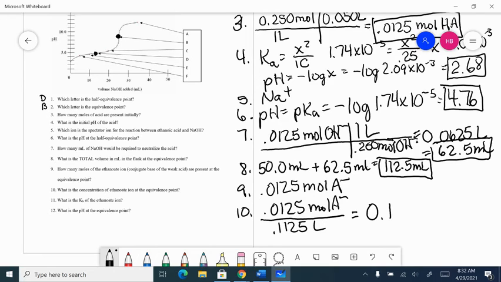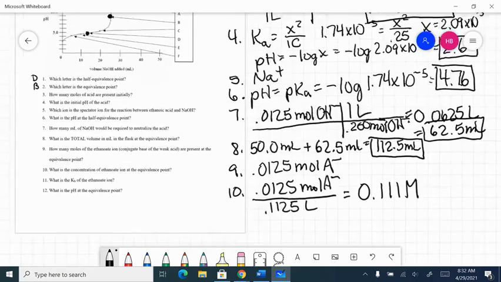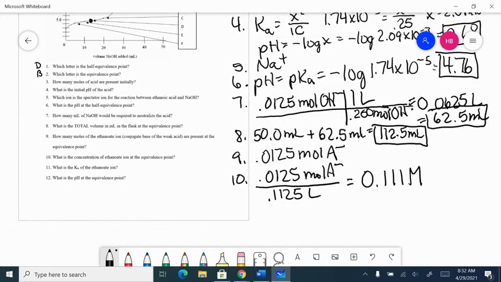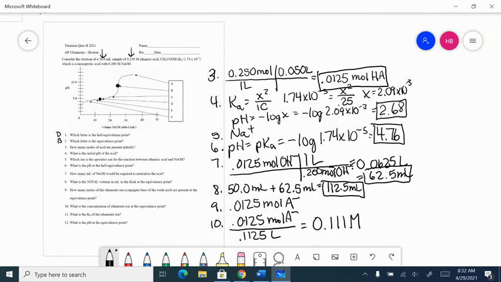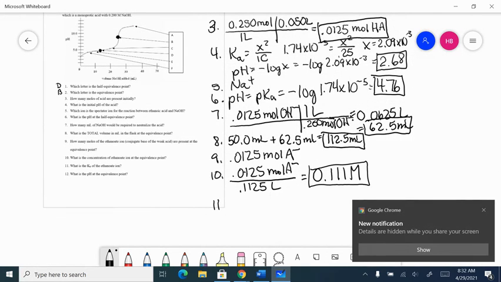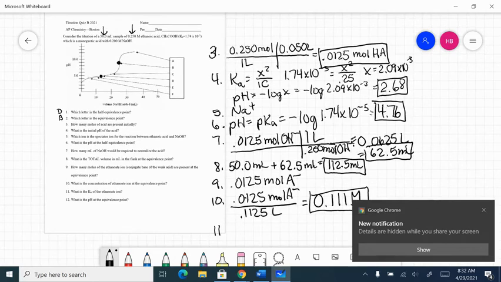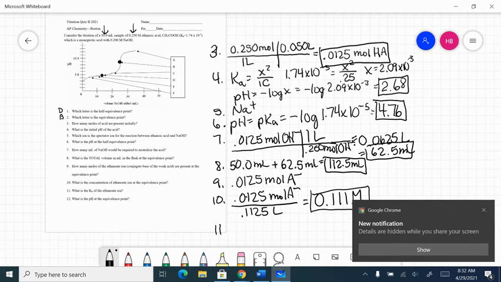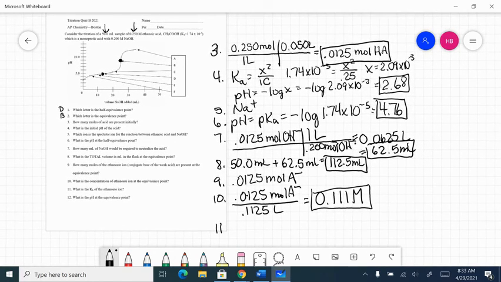This time I get 0.111 molar. What is the KB? Number 11. KB is KW divided by KA.